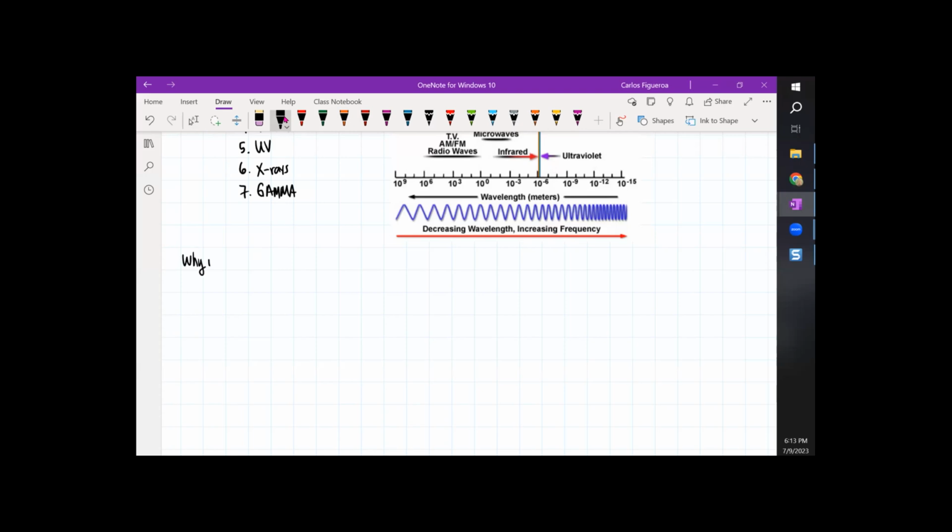Why is the electromagnetic spectrum broken up into classes?